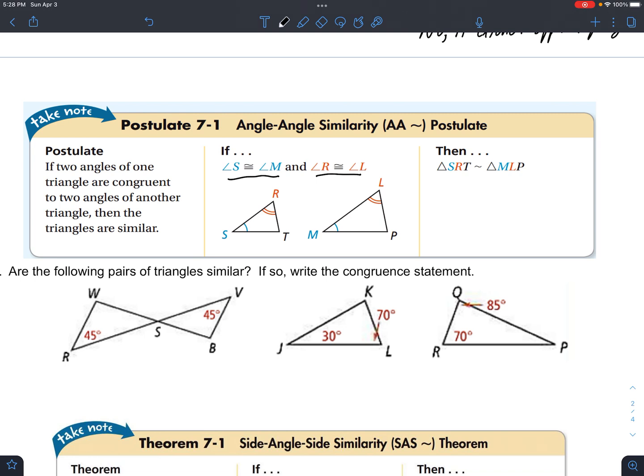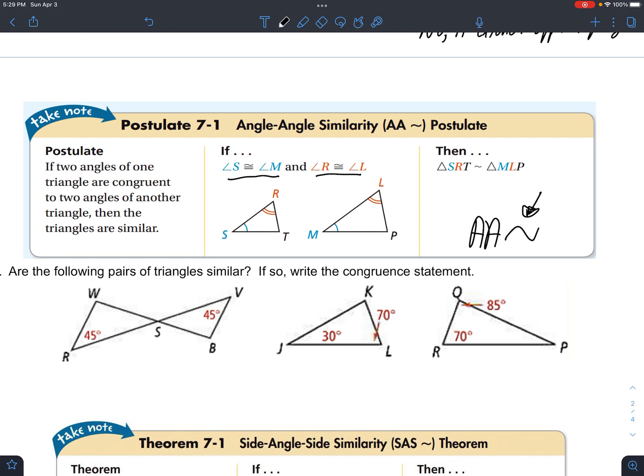So let's try this. Let's see if we can find two angles that are the same within a triangle. And that's kind of it. If that works, then the triangles are going to be similar. So this is called the angle-angle similarity theorem or postulate.